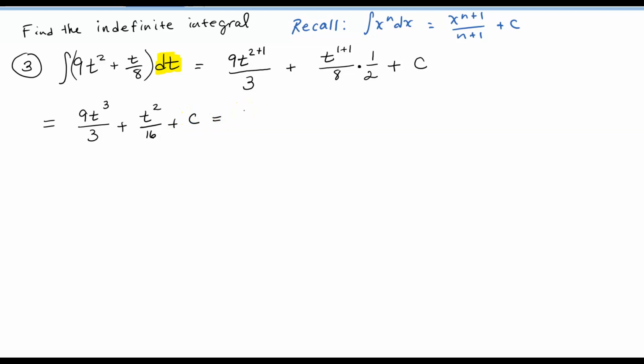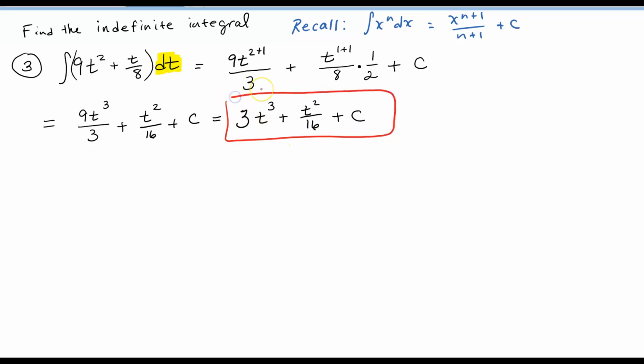We just need to do a little bit of reducing. So now we have 9 divided by 3, which is 3t to the third power, plus, and then you end up with t squared over 16 plus your arbitrary constant of integration, c. So a really nice and simple example here of applying the antiderivative to find an indefinite integral.